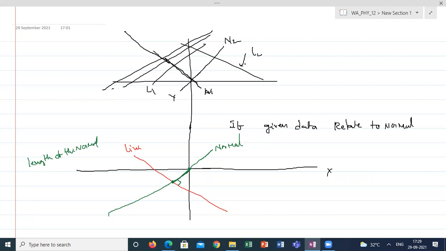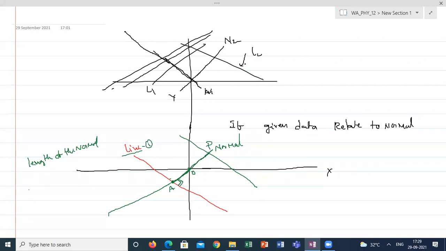That means the perpendicular distance from the origin. Suppose I take a line; OA is the normal distance, or perpendicular distance, for line 1 from the origin. Suppose OP is the normal distance for the second line.